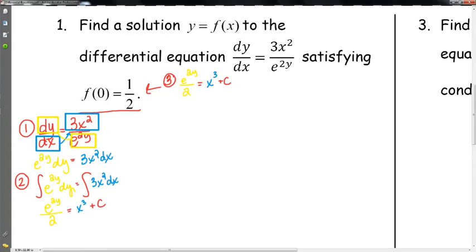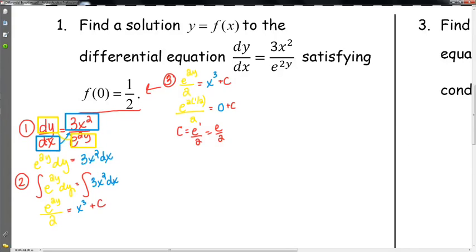If I plug in 0 for x and 1/2 for y, I'm going to get e to the 2 times 1/2 over 2 is equal to 0 cubed, which is just 0, plus c. So c is going to be equal to e to the 2 times 1/2, which is 1, so it'll be e to the 1 over 2, or e over 2.